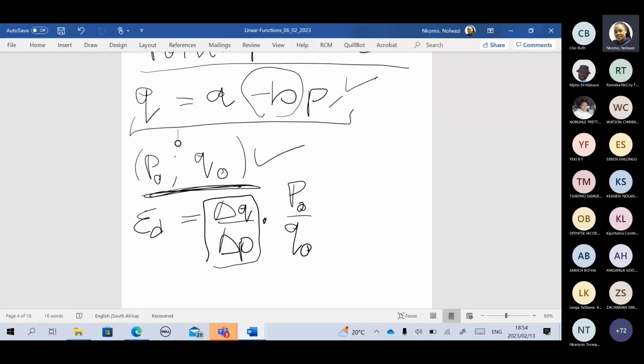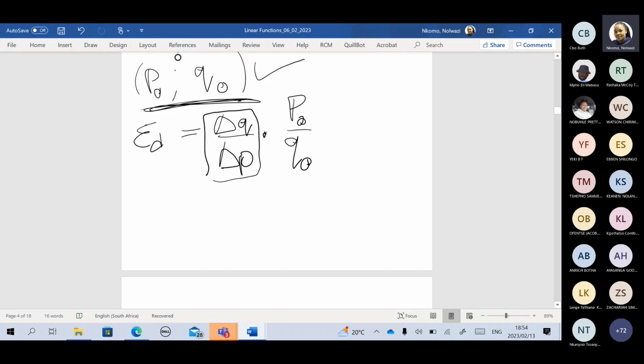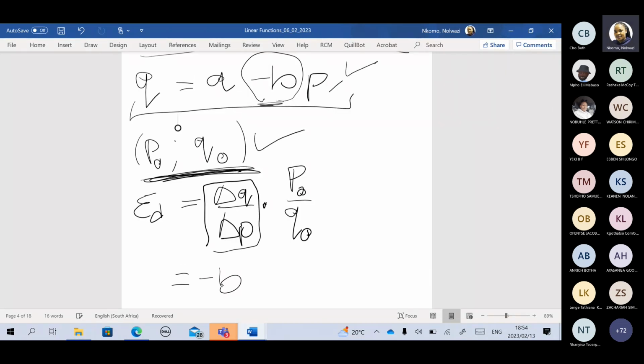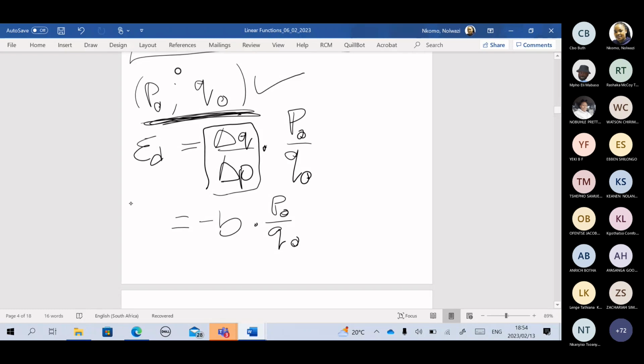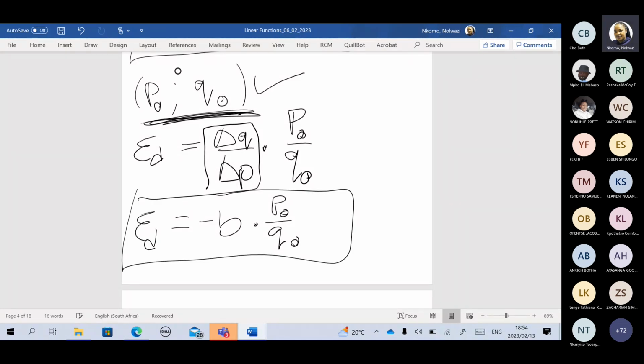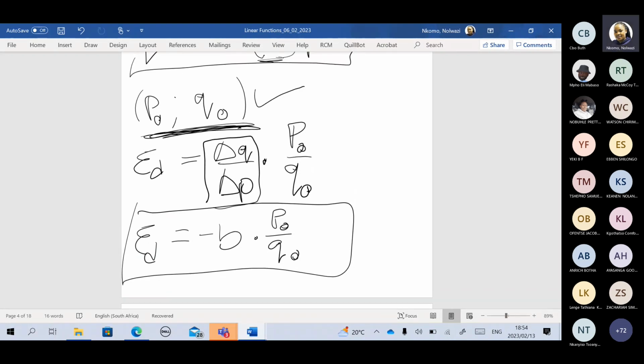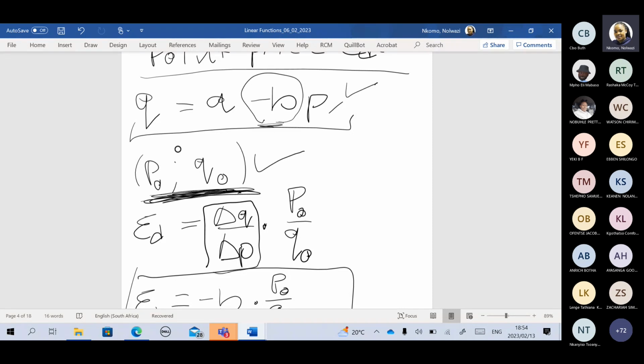If the slope is minus B, this means the price elasticity of demand at this point will equal minus B times P naught over Q naught, right? So this is just the point elasticity of demand at this point. Okay, let's do one example.